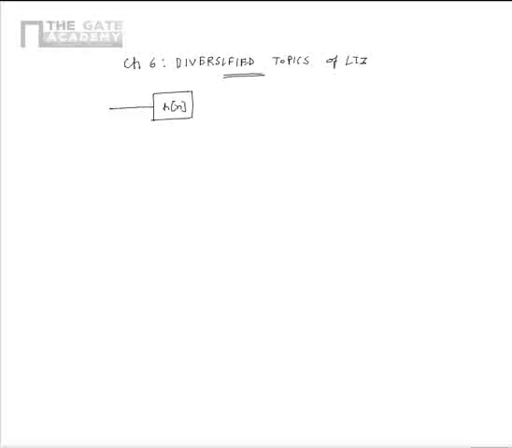It takes an input of x of n and gives an output of y of n, in which case the output y of n can be expressed as convolution of x of n with h of n.